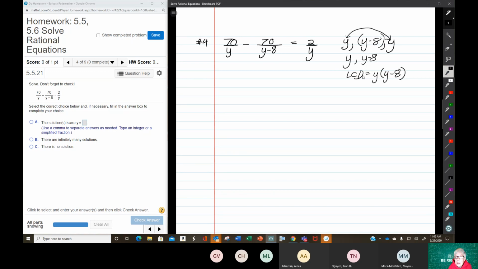Okay, so I am going to let this LCD be LCD over 1 here. And I'm going to multiply each of these terms by that.